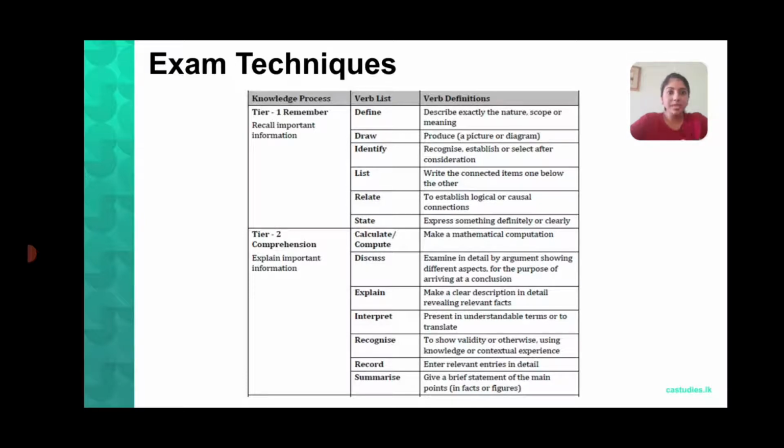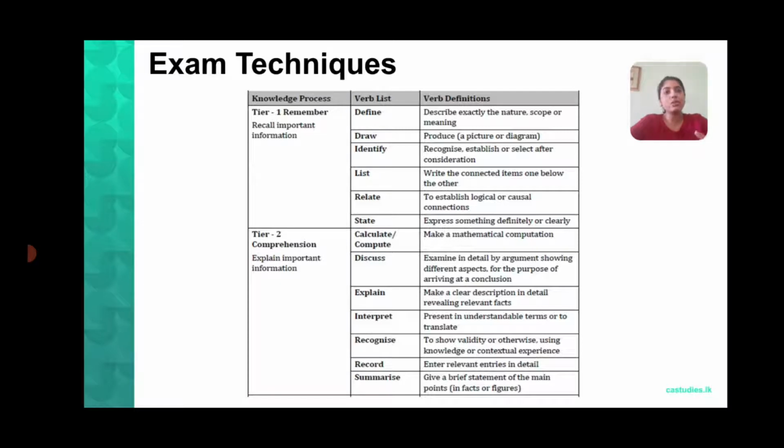But when it comes to interpret, it's different. It is like the advanced version of identify, where in identification you just identify the definition maybe, but in interpretation you make the definition more understandable. Alright. Next we have recognize.